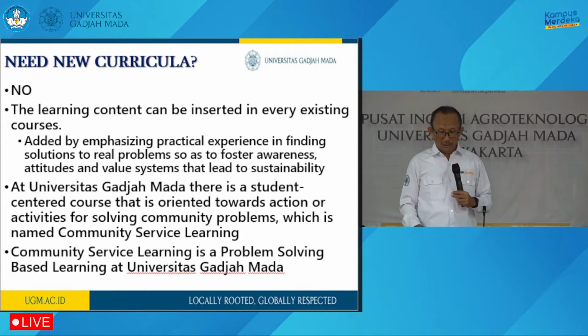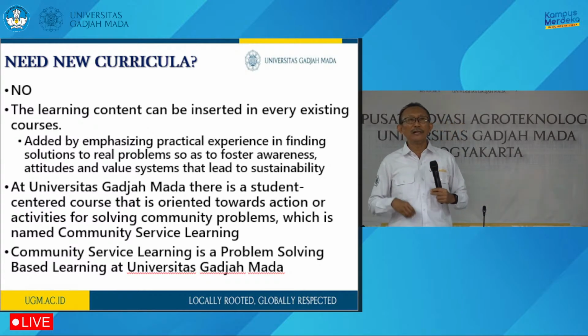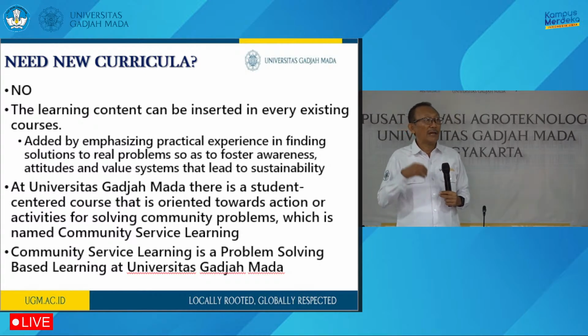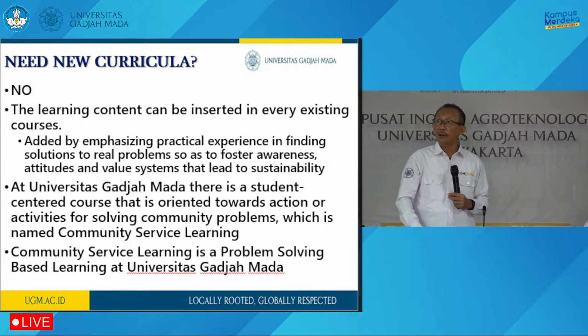At Universitas Gadjah Mada, there is a student-centered course that is oriented toward action and activity, which we call community service learning. So every student at Universitas Gadjah Mada, before their graduation, should be involved in a community, in a village. Either the village is far away from the city, even outside Java.